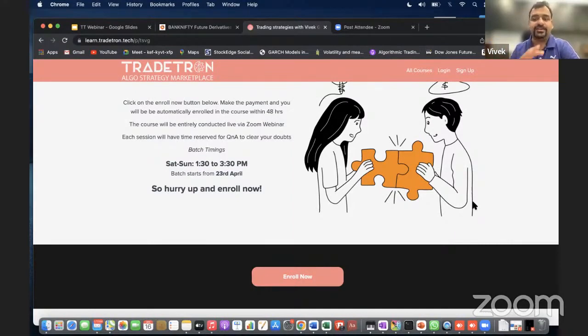So our idea is to give you the building blocks of how we think we should build systems. And a lot of practical things also in that, because there is a lot of psychological element that comes in while trading. So we'll try to touch upon a little bit of that within our practical learnings in one or two of the sessions.